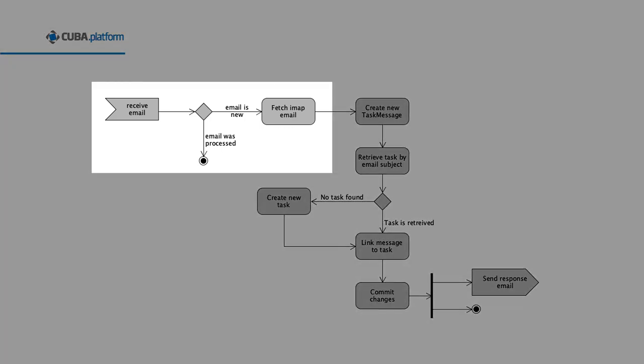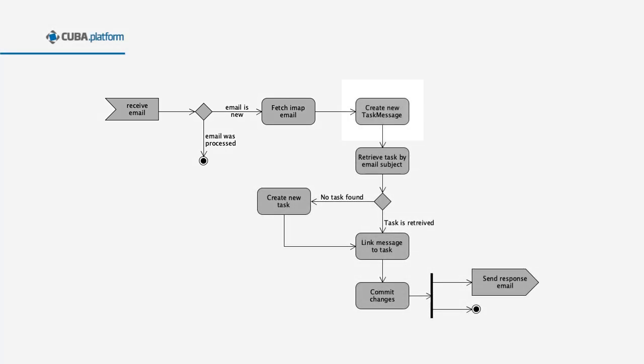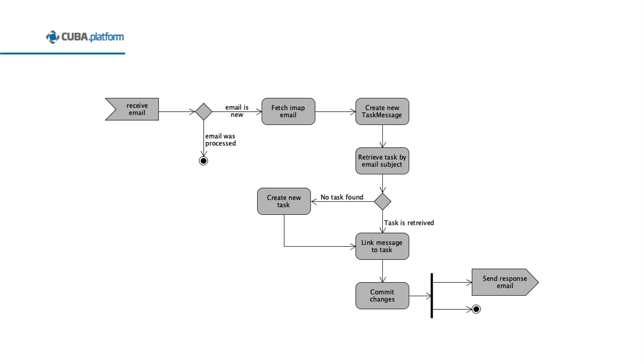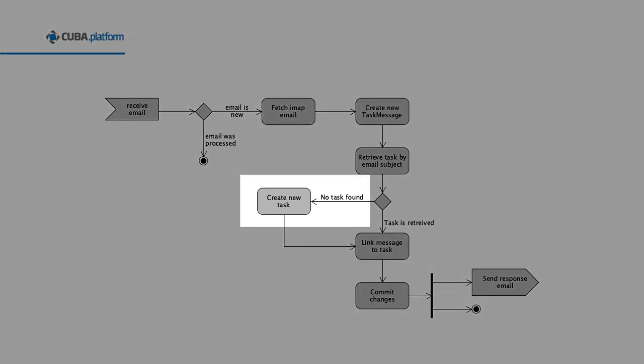An email that hits the tracked mailbox tells the application to create a new task message and check if a corresponding task exists in the system. If not, it creates a new task object.